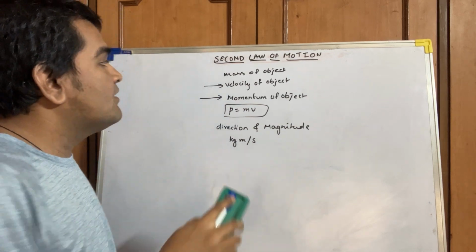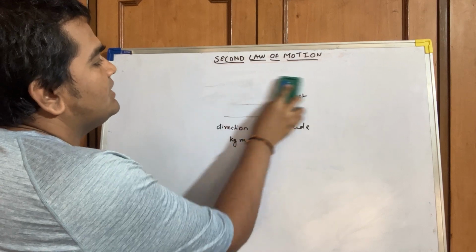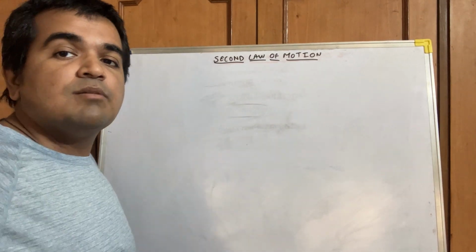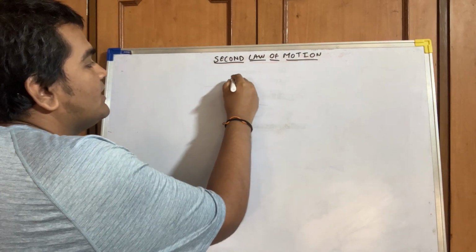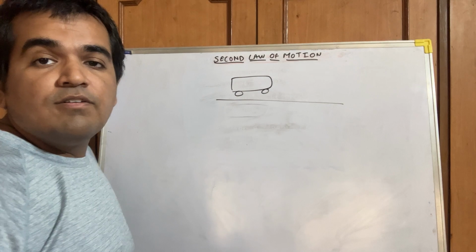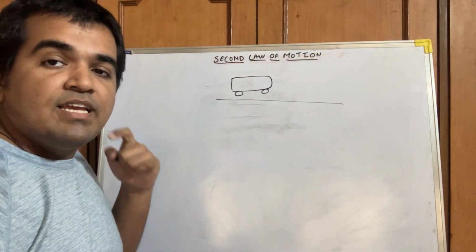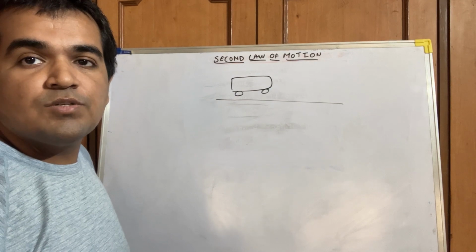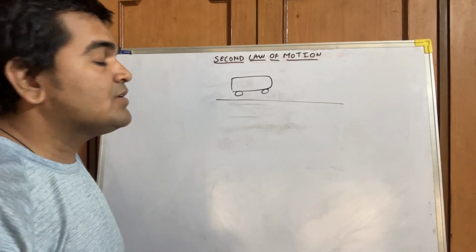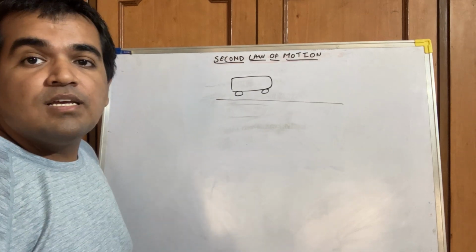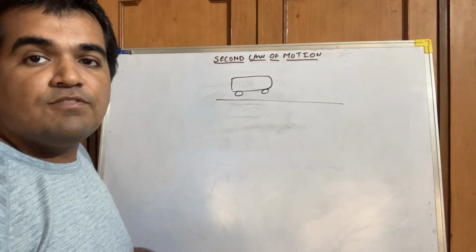Now, consider an example. If we have a car with a dead battery moving on a straight road, we need to push it to start the engine of the car.